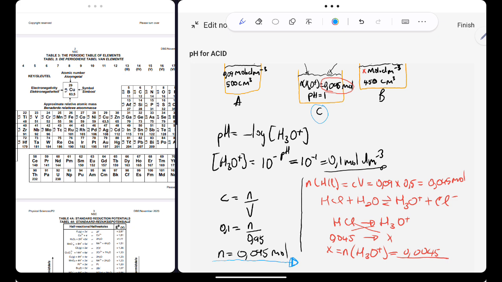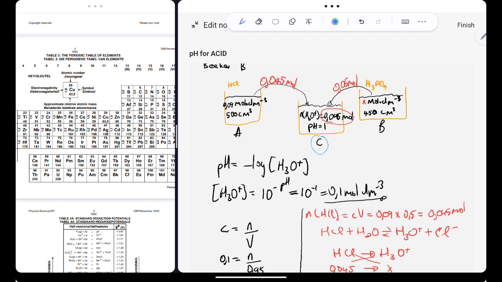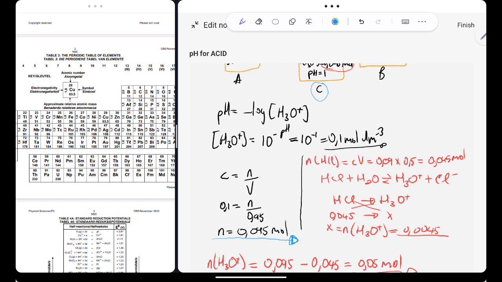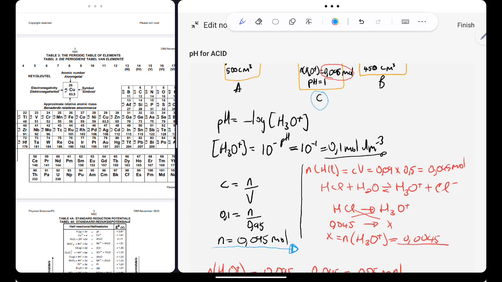I have the concentration and the volume, right? So I did calculate the number of moles of the acid, and since I know that my acid in beaker A is monoprotic, the number of moles of the acid will be equal to the number of moles of the hydronium ion. Are you together? So I found out that the number of moles contributed by beaker A was 0.045.